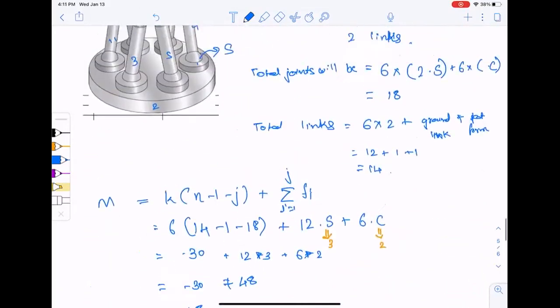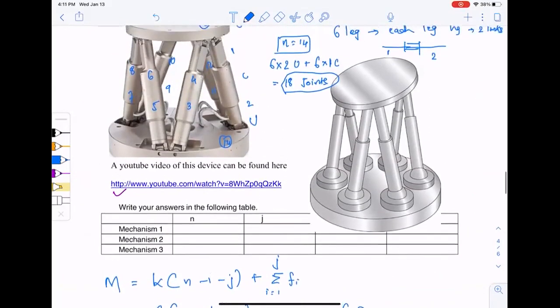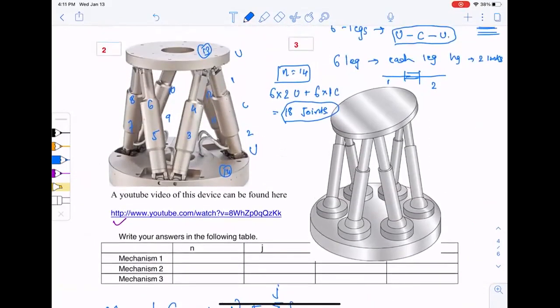However, I would want to highlight a few things for this question. If you see the images of problem number 2 and problem number 3, both of them look pretty similar apart from the combination of the joints. And the purpose of both of them is also the same. Instead of U joint, we have spherical joint over here, and over here as well.